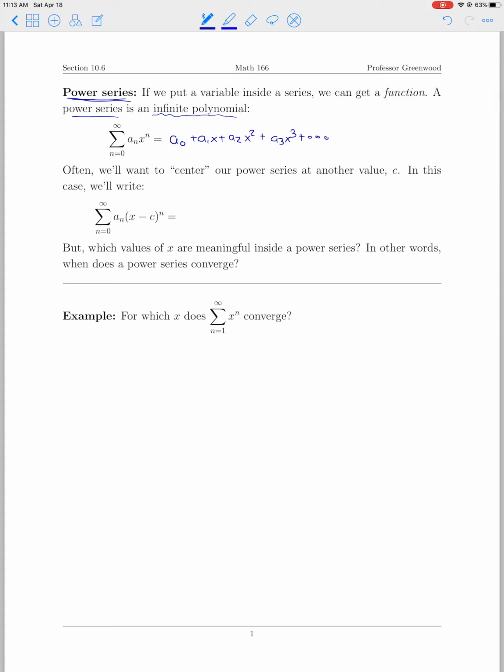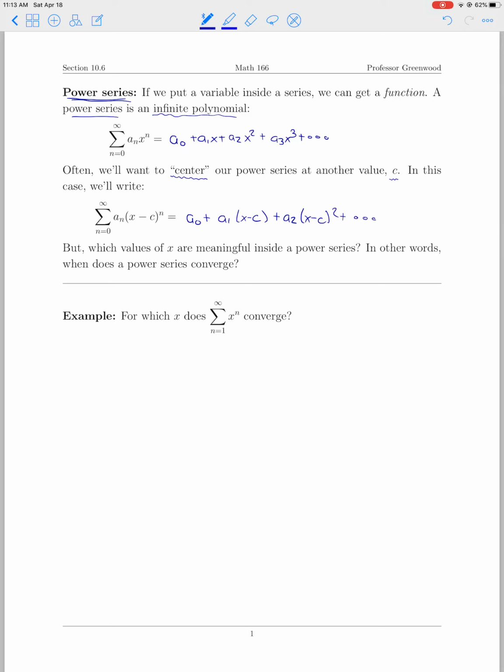And so sometimes we'll actually want to generalize what I just wrote, and we'll want to center our power series around a different value c. And so centering around a different value just means that we're going to write our polynomial a little bit differently. That's terminology for saying that our polynomial is just going to have x minus c everywhere instead of just x everywhere.